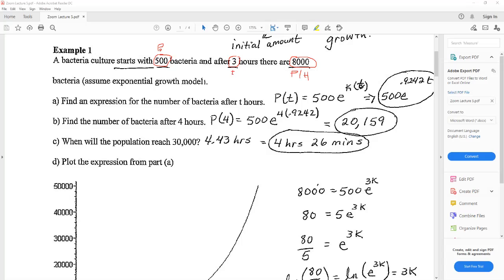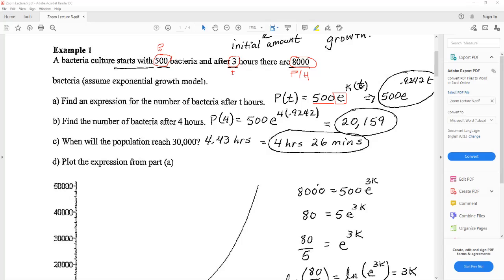Part A says, find an expression for the number of bacteria after t hours. Well, the only thing they're really having us do in part A is to determine whether or not we know how to fit everything into the formula. And we've already said that 500 is the initial value, so that goes into the P naught slot. e, of course, is built into the function. It is a required part of the function.